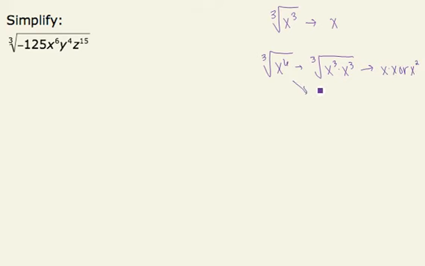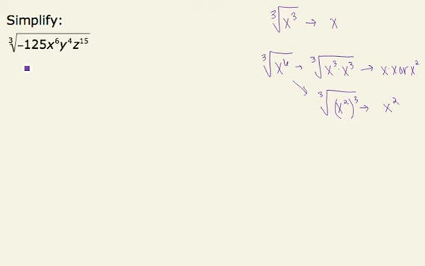I could also think of x to the sixth as the cube root of x squared cubed, remembering that power to a power I multiply. Therefore, if I divided 6 by 3, I'd get my x squared. This also results in simply x squared.